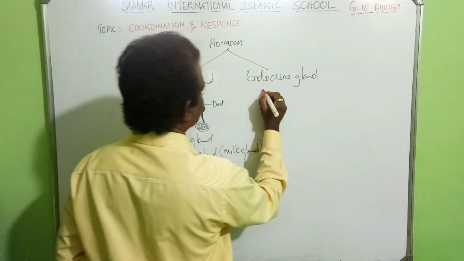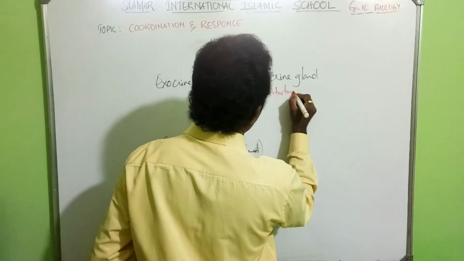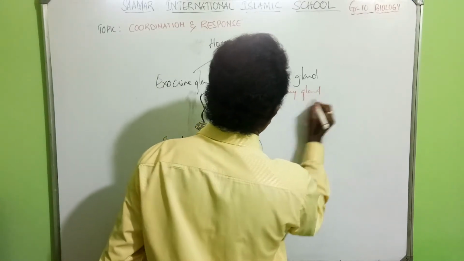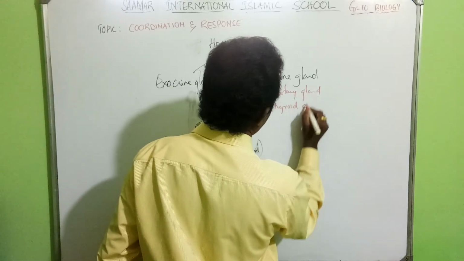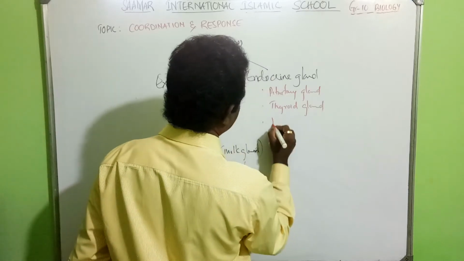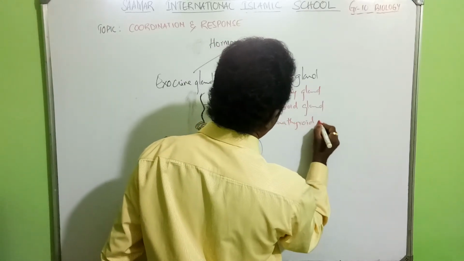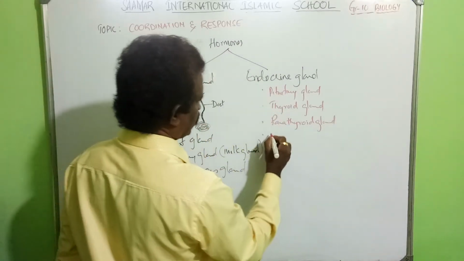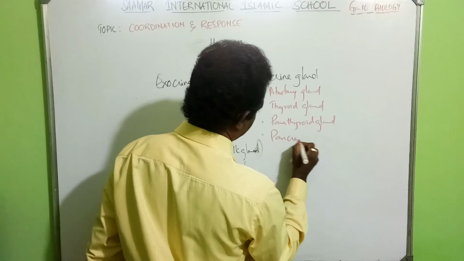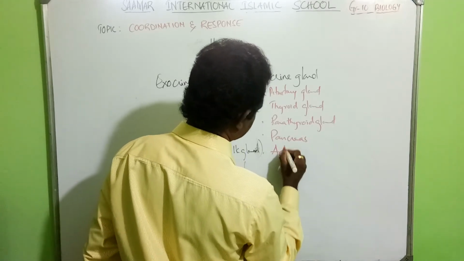In endocrine gland, first one is pituitary gland. Next one is thyroid gland. Next is parathyroid gland. Pancreas. Adrenaline.